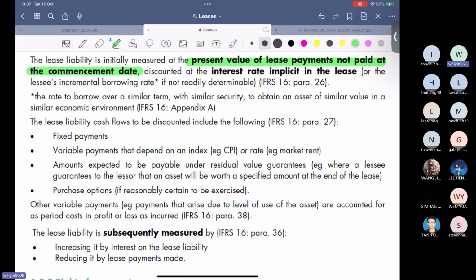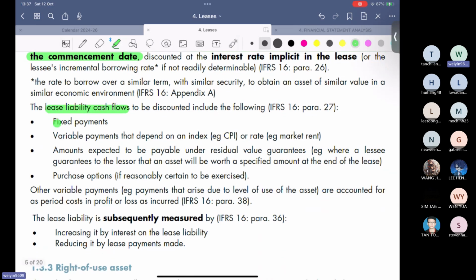So the lease liability cash flows to be discounted include the fixed payment, that means your monthly payment, or it can be the variable payment, for example increases under the CPI. Also amounts expected to be payable under residual value guarantees. This happens where a lessee guarantees to the lessor that an asset will be worth a specified amount at the end of the lease.